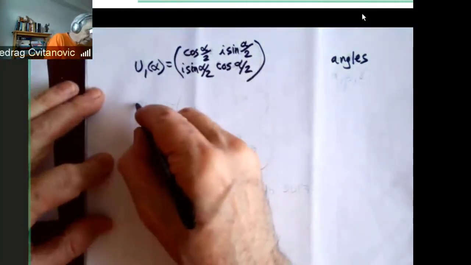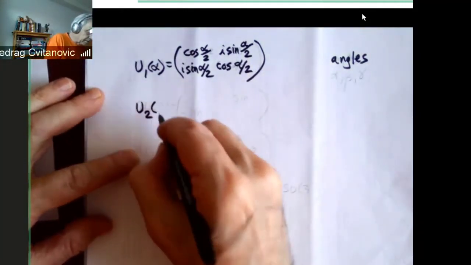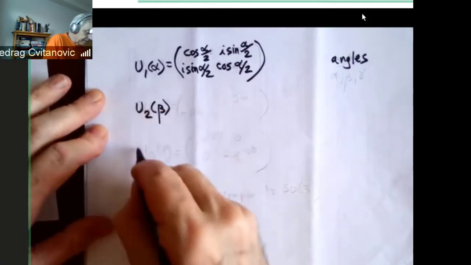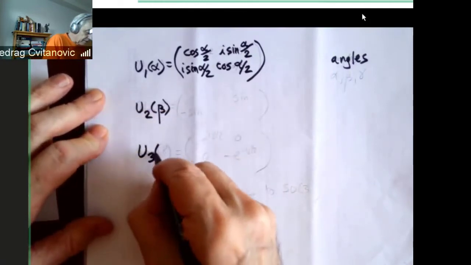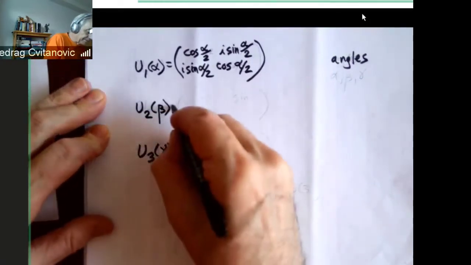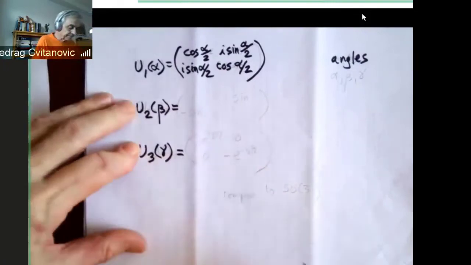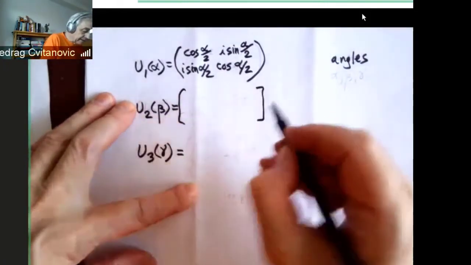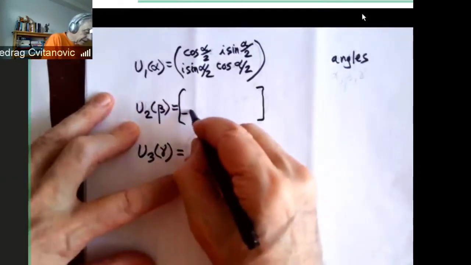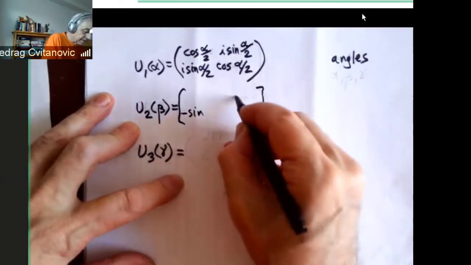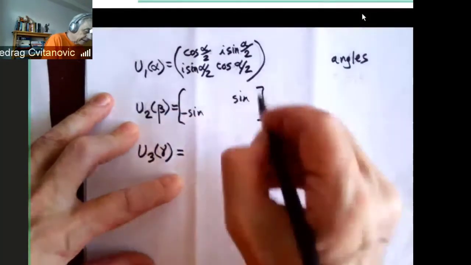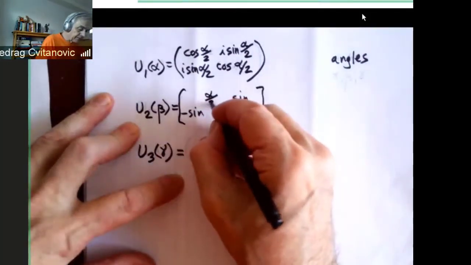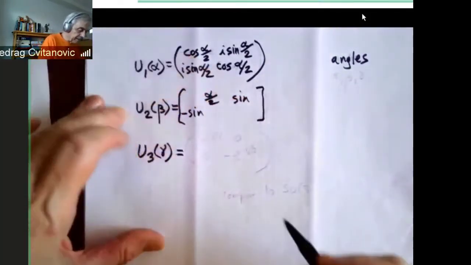I can do the same for rotations around the beta axis, same for rotations around the z axis. So there are 3 angles. And this one looks like minus sine, and every place you have alpha over 2, otherwise it looks the same.